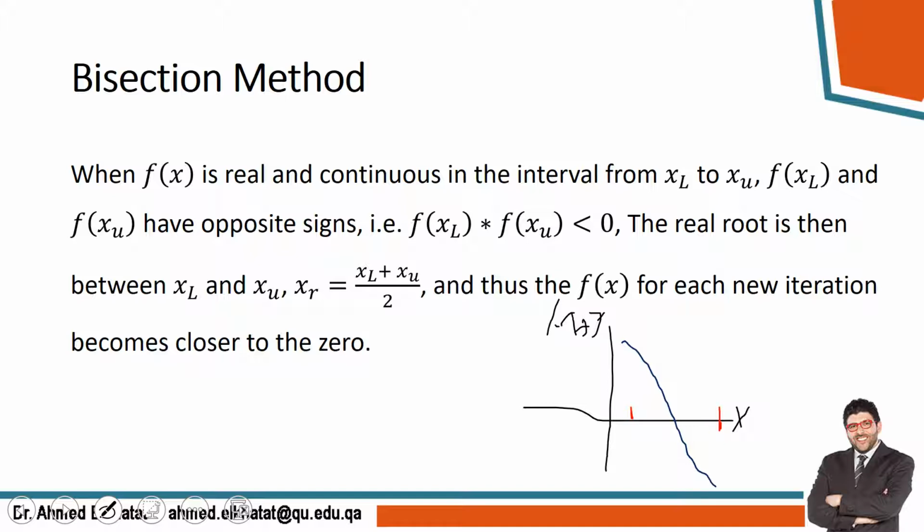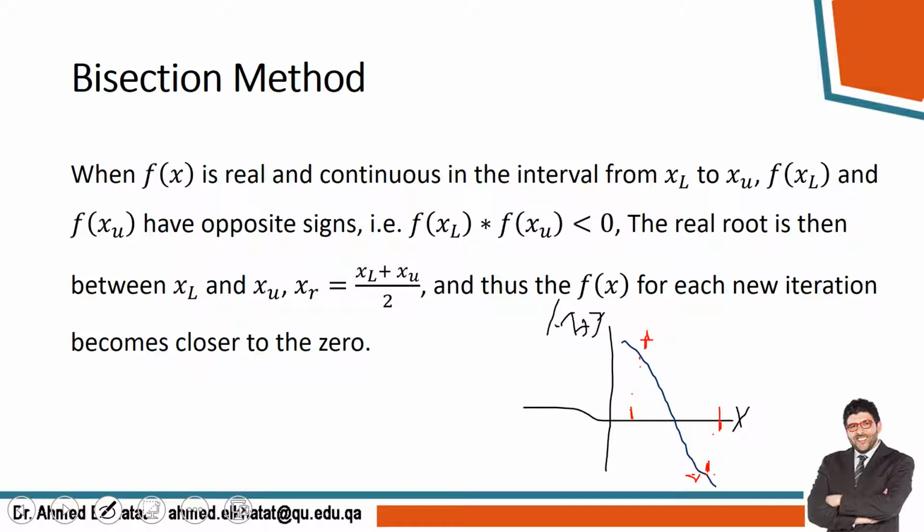Now the idea of the bisection method: one of these will give a negative function value, and the other a positive one. If you multiply f of x lower and f of x upper and it gives negative, then these two guesses bracket the root, and they are correct guesses.